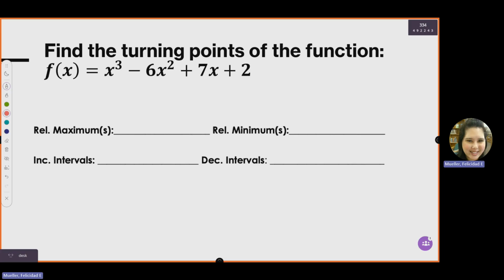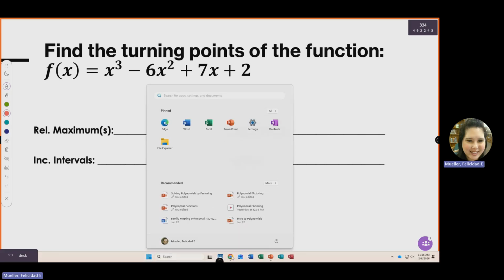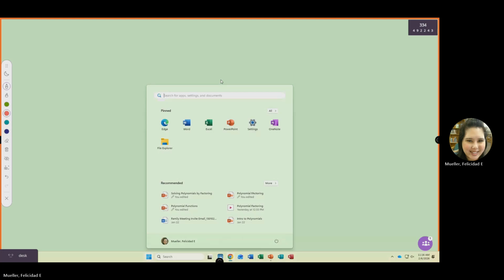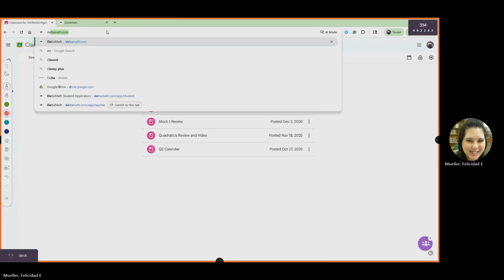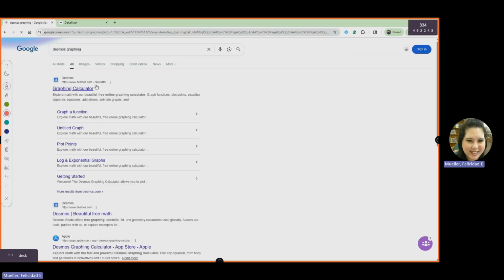So let me go ahead and pull that up. Desmos graphing is one of the things we want.